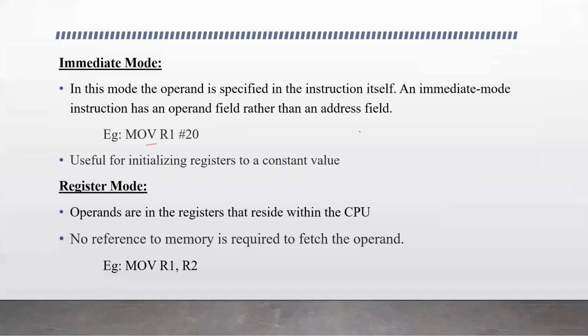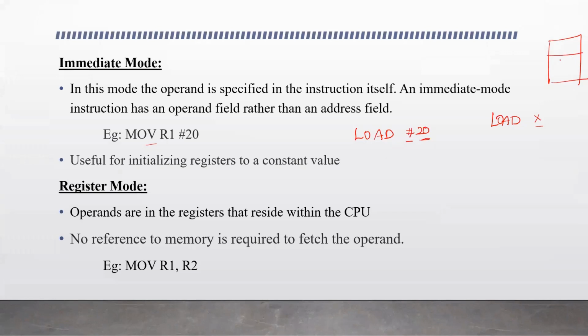Load. If I write load hash 20, this hash is to differentiate the operand from the address. When we give operands directly in some formats, this hash is used, as this is the operand, and here 20 means it is not the address. Generally, when we write load X, the meaning is load from memory.